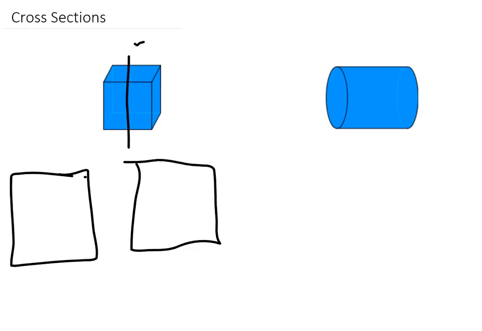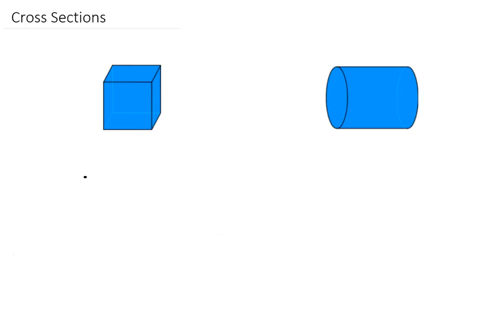The only time that we will look at this shape and see a cross-section that is anything but a square would be if we take a diagonal, say something like that, which would result in taking off a corner, where I get a triangle here.